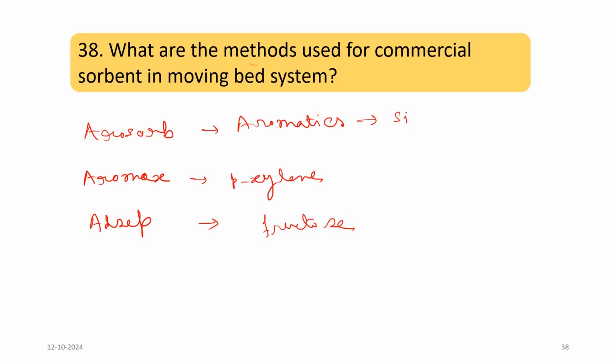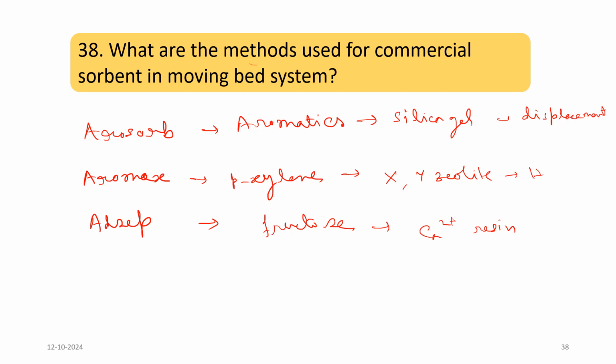In case of AdSafe, it is Ca2+ resin. Regeneration happens with displacement with pentane, then heavy aromatics, and in AdSafe process with water. So these are the methods used for commercial sorbent in moving bed system.